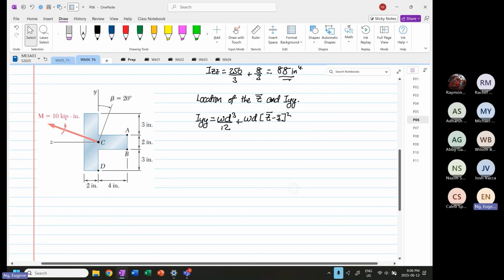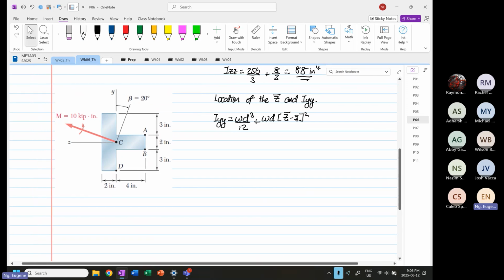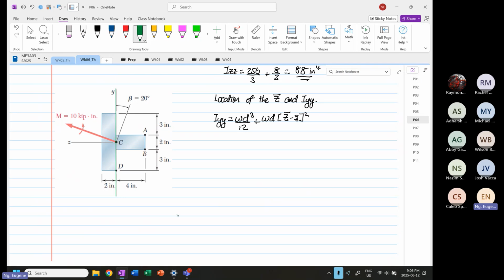From here, the axis of interest now is the green line, the y axis over here. So when that's the case, this is our width, and over here this is our depth.